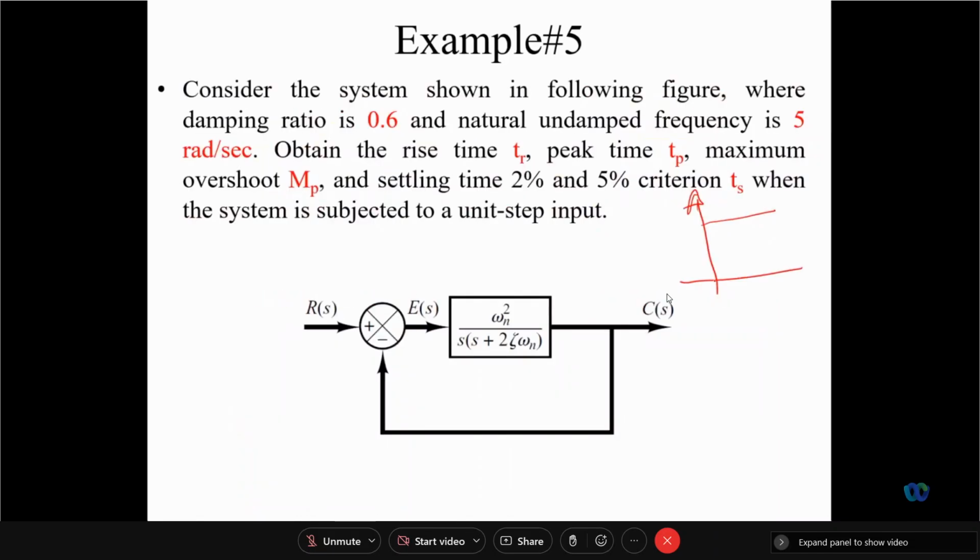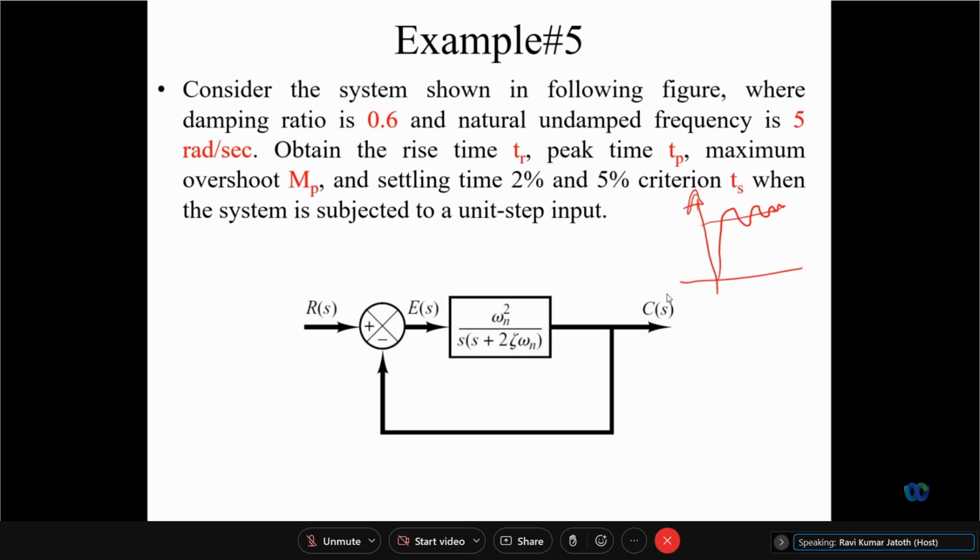Tell me. Because the zeta value will be 0 to 1 only, sir. For which systems? Underdamped. Underdamped system. All real-time systems are undamped systems, or critically damped systems, or underdamped systems.